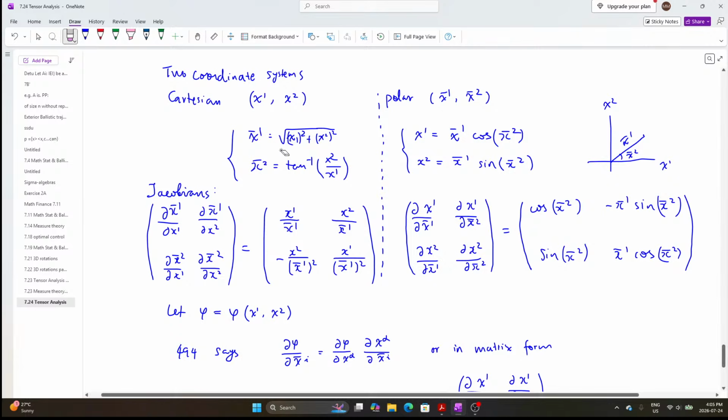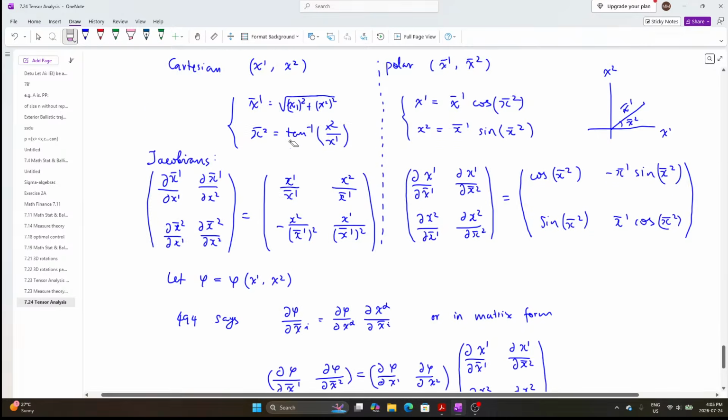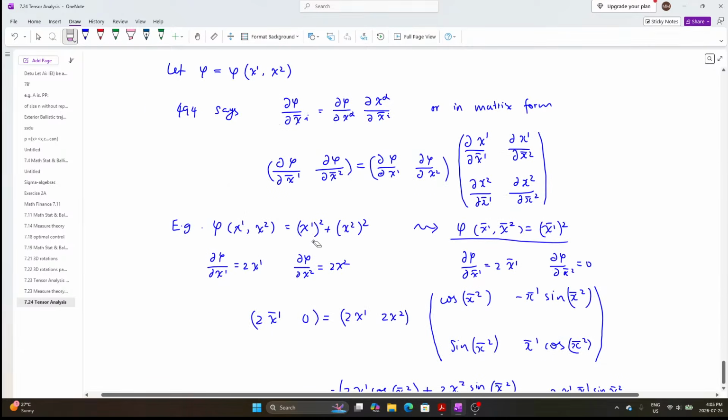So that's where the transformation comes from. Here we see x1 squared plus x2 squared is the value of phi. And by the coordinate transformation law, it's just the radius squared. It's like x squared plus y squared equals r squared. I'm using the index notation for us to check the definition easier.